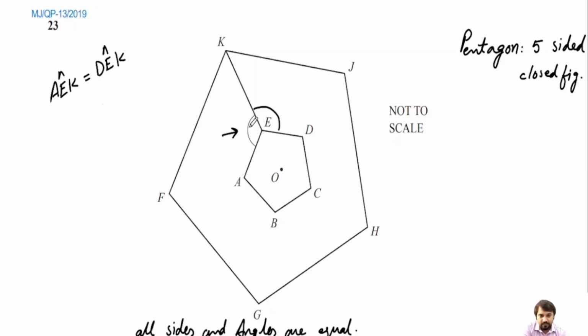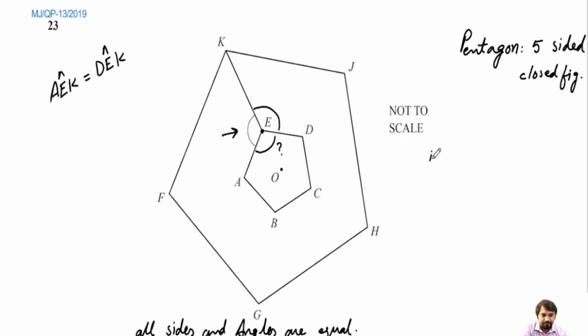Okay. So we need to calculate this angle. We already know that angles at a point add up to 360 degrees. But for that purpose, we need to calculate the angle of this pentagon. And how to calculate the angle of a pentagon, that is the interior angle?